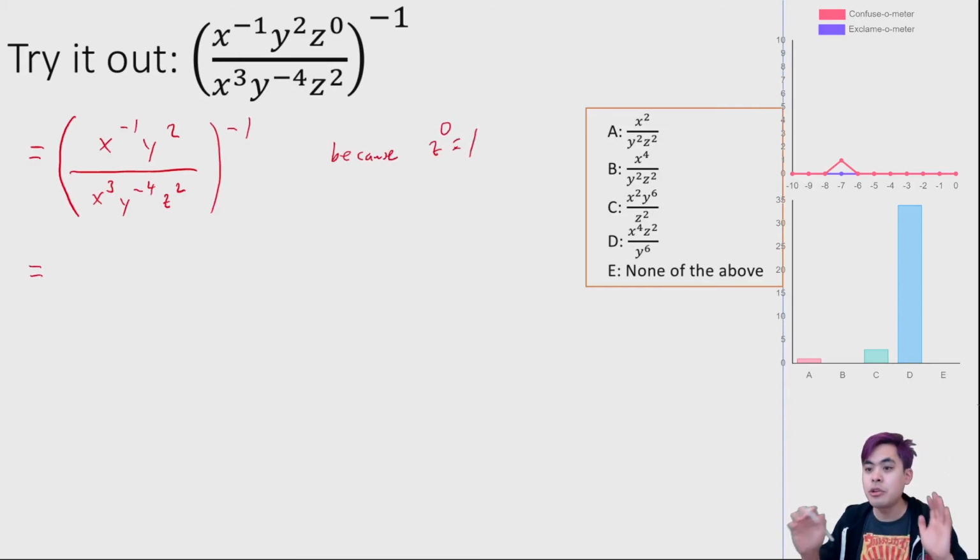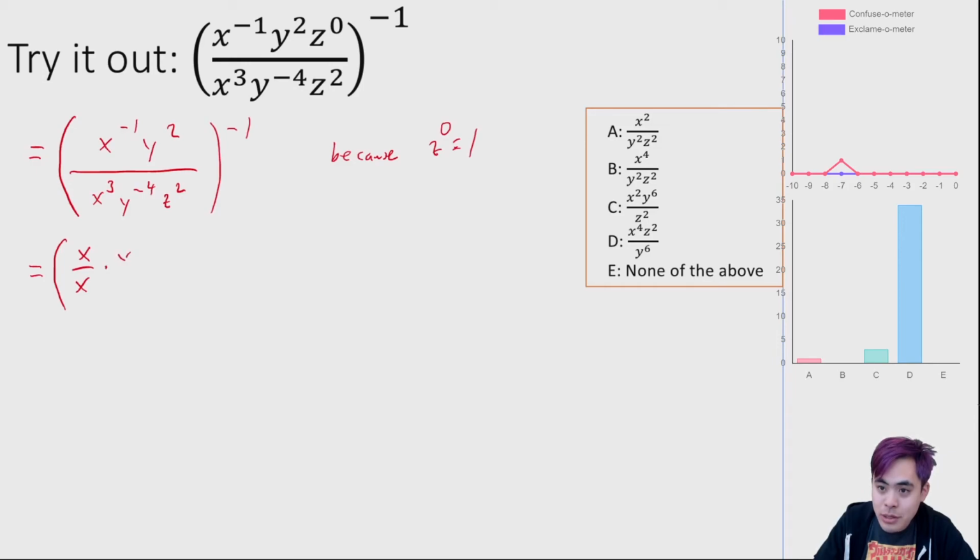Well, now I'm going to multiply by 1 on both top and bottom by multiplying by x over x times y to the 4th over y to the 4th. And those are both equal to 1, so you can just multiply that and you get the same value, times x to the minus 1, y squared, x cubed, y to the minus 4, z squared, to the minus 1.